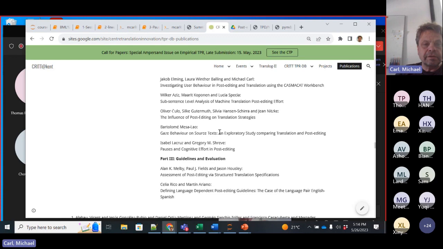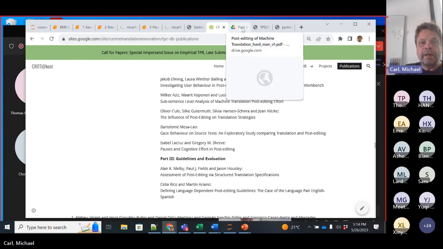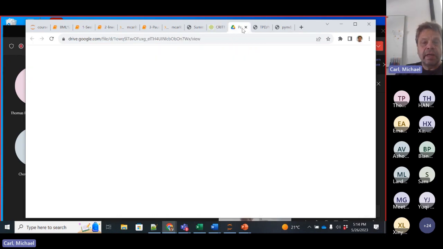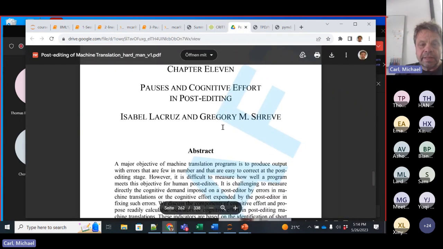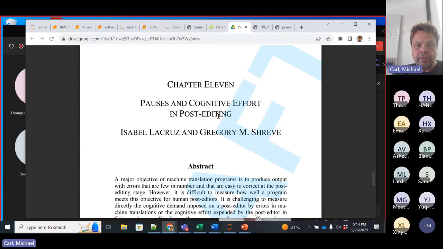And this is also something that Thomas referred to in what he just said. And in this book, she has this article, Pauses and Cognitive Effort in Post-Editing.